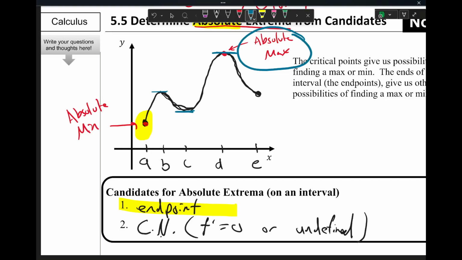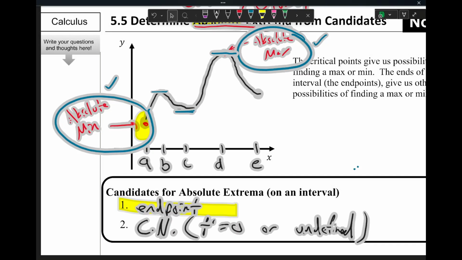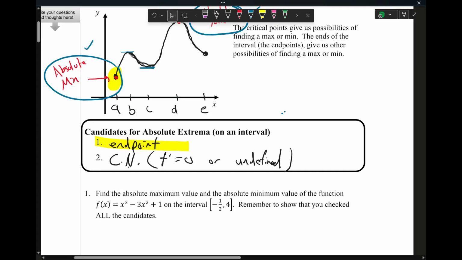So I need you to see from this made up graph here that a relative max ended up being the absolute max and an endpoint ended up being the absolute min. To find the absolute maxes and mins, you have to test the endpoints and all critical numbers. That's the only places that your graph is maxing or minning out.